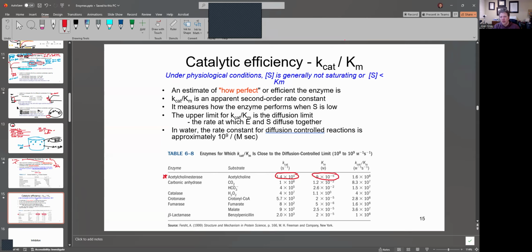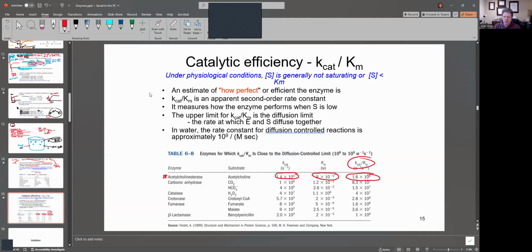So this is a very low Km, not an extremely large Kcat, but the combination of those two gives us a very highly efficient enzyme. The higher this ratio, the more efficient an enzyme is, the more substrate that it can bind and convert to product and subsequently release that product.